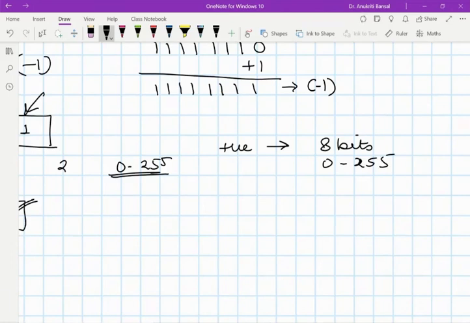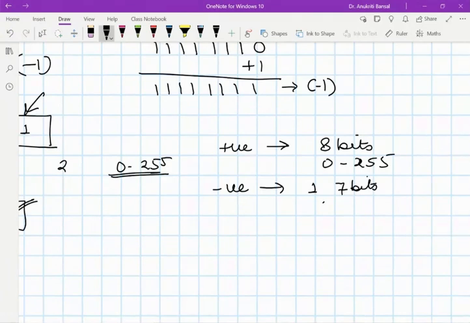If we say that we are considering negative numbers as well, and we have 8 bits only, then 7 bits will be used for representing numbers, and one extra bit will be used for the sign bit. So the numbers we can represent will be fewer.